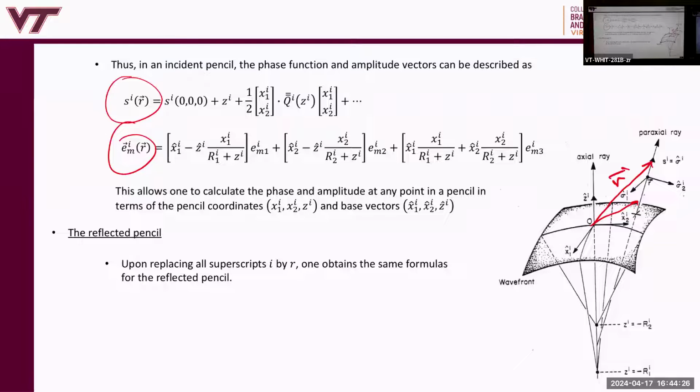Okay, good. And what is it a function of? It's a function of the Q matrix, right? Basically boils down to the Q matrix, and there's the R's, which are also the radii of curvature, all right? Good. So for the reflected pencil, all the formulas are the same, except we replace I by R, all right?